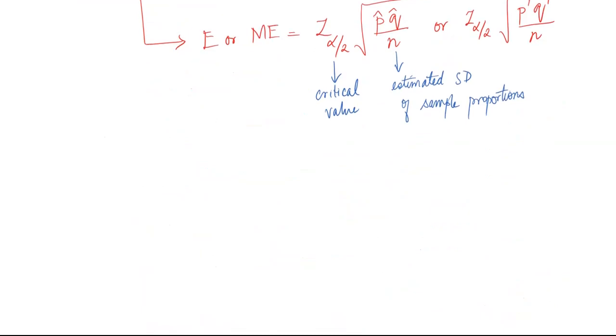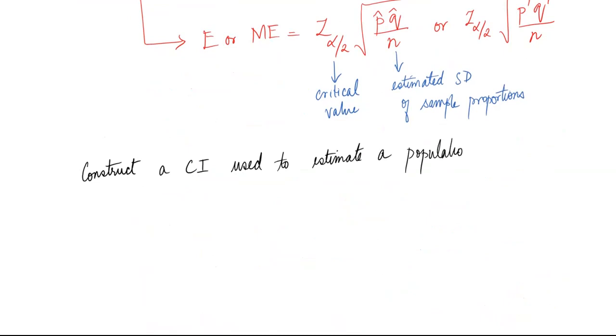It says, construct a confidence interval, so CI, used to estimate a population proportion P. Okay. So this is what we're trying to do.